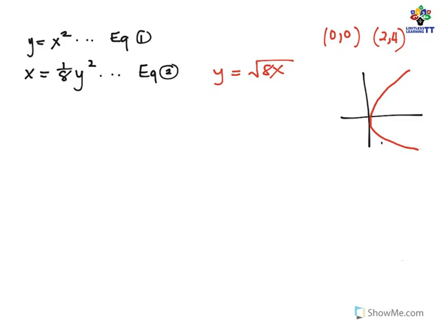Close enough, right? So this is one point of intersection and the second point of intersection is at the origin. So what you're going to be doing is integrating between x is 2 and x is 0.